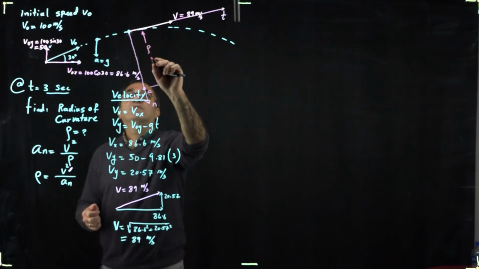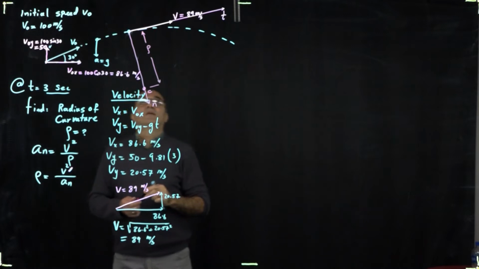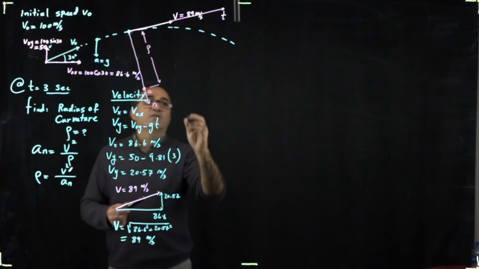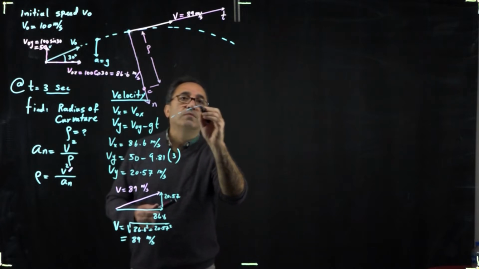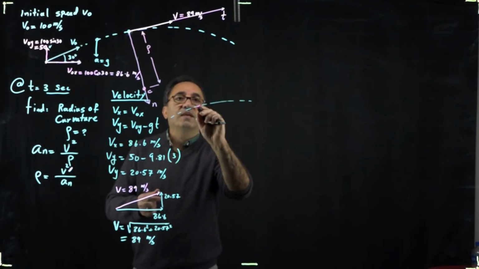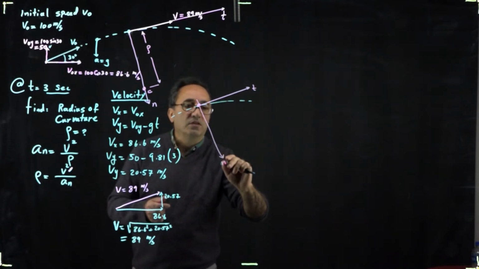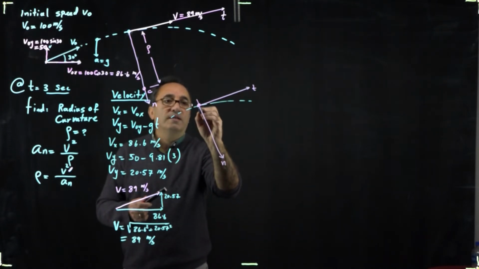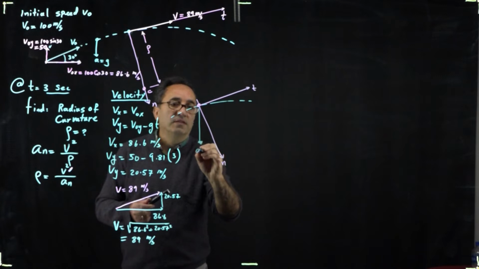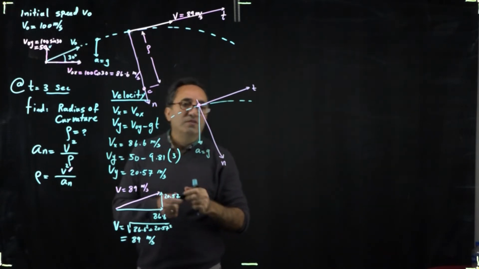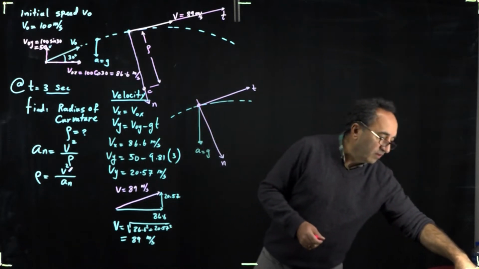That's the radius of curvature. So then you say, well, look, I know the total acceleration. I can redraw this here for you. So this is the tangential axis, this is the normal axis. Now, keep in mind that the total acceleration is gravity. That's g.